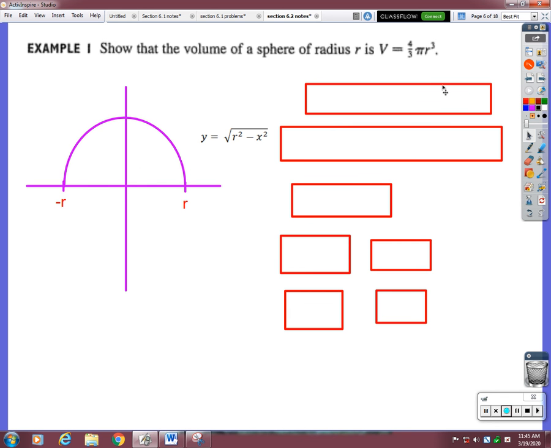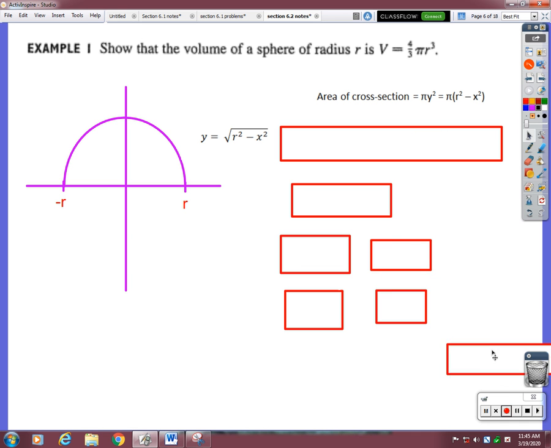But here we're trying to show it for the most general case, so we're using r as a variable instead of an actual number. So this is the setup. This is the equation. This is the curve. We're going to spin this bad boy around the x-axis, and that is going to give us a sphere.